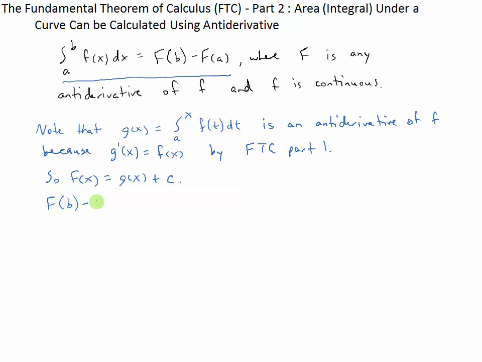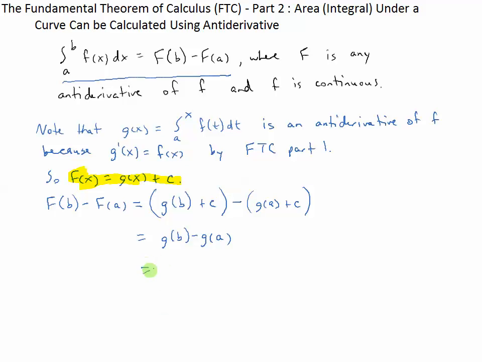F of b minus f of a equals, well, I'm going to use this definition for big F. F of b would be g of b plus c minus f of a, which would be g of a plus c. And when I simplify that, I get g of b minus g of a.